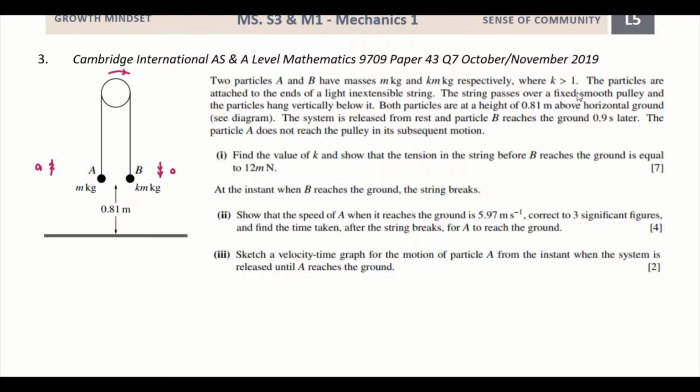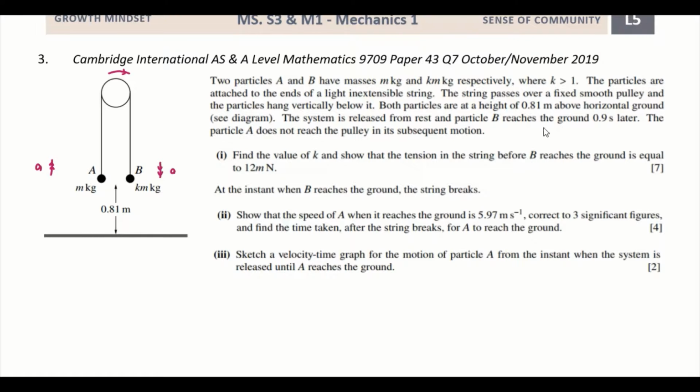The particles are attached to the ends of a light inextensible string. The string passes over a fixed smooth pulley. The particles hang vertically below it, and the particles are at a height of 0.81 above the horizontal plane. The system is released from rest.